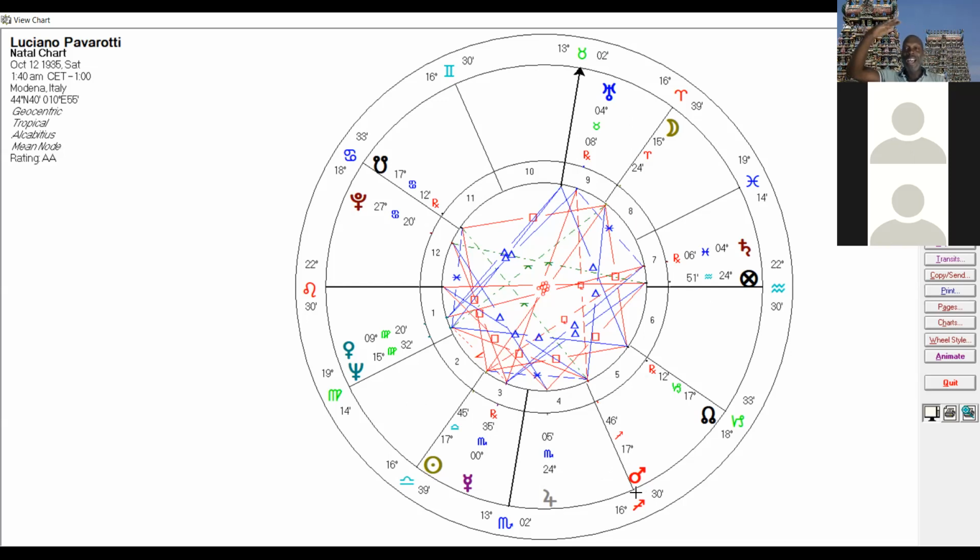There's the dispositor, which is what we were just looking at, but whatever planet is aspecting that bound or term, or is in that bound or term, is a partner. So let me once again say what I'm talking about. We're looking at between 21 and 28 Virgo, because that's where the term or bound has been distributed to.